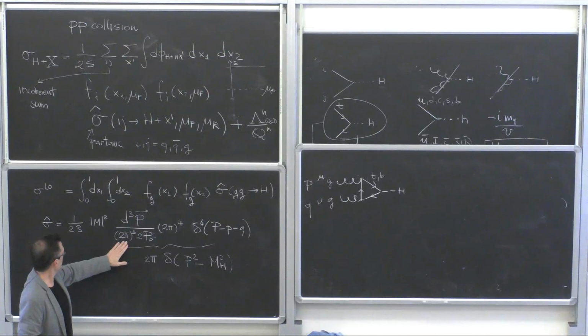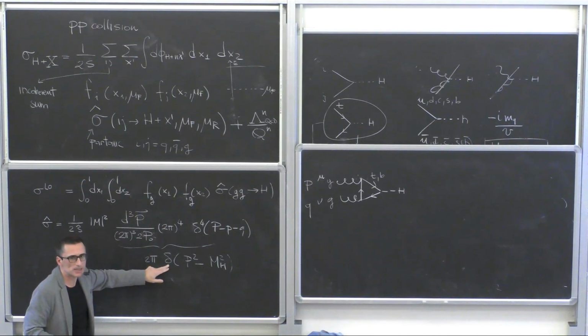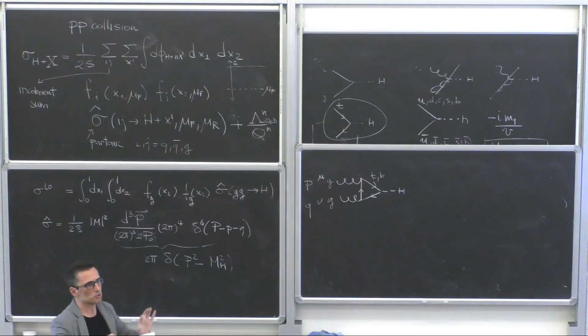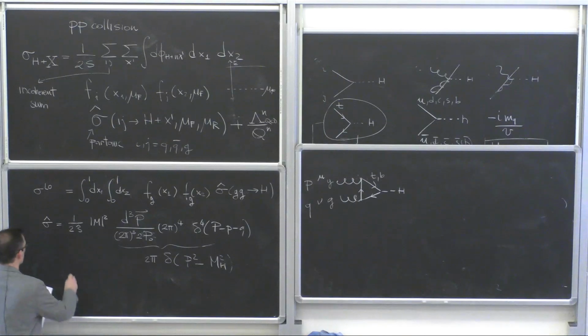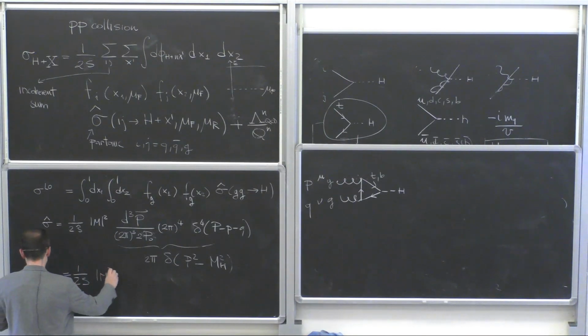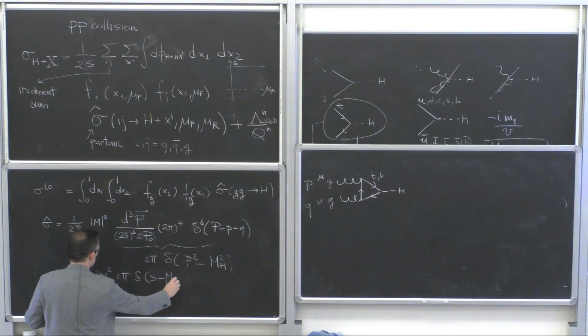So this phase space is actually a delta in the energy of the final state particle. You are telling me that the energy of the two incoming gluons has to add up exactly to the X mass, right? Because there is nothing else in the final state. So I have to select the gluons in that way. So my cross section becomes 1 over 2s, m squared, 2 pi delta of s minus m squared.